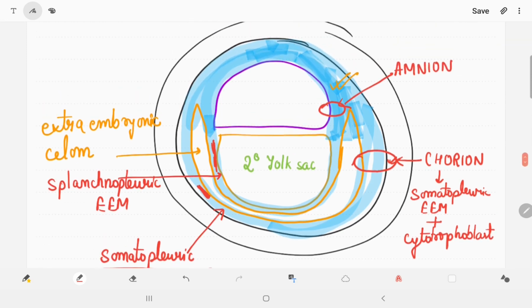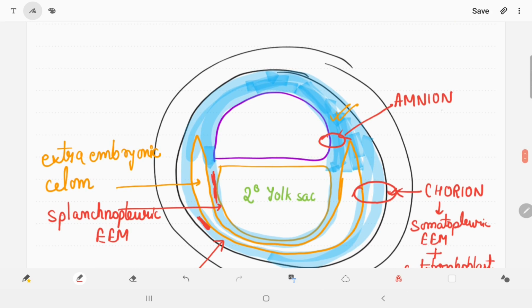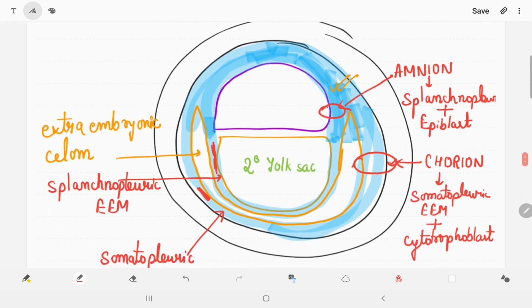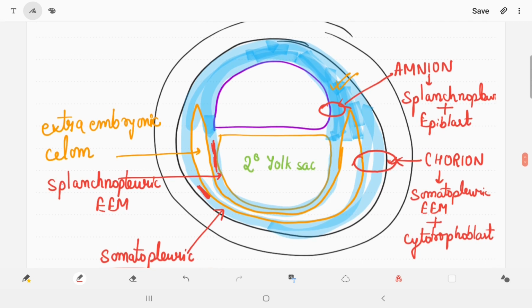And amnion has been formed by the splanchnopleuric extraembryonic mesoderm because the cavity did not invade it further, and the epiblast. The purple lining that I have drawn is the epiblast, right? So yes, I have formed those two membranes, the chorion and the amnion in the baby, right? These are the placental membranes that I have already formed.